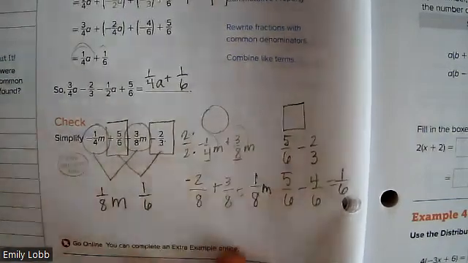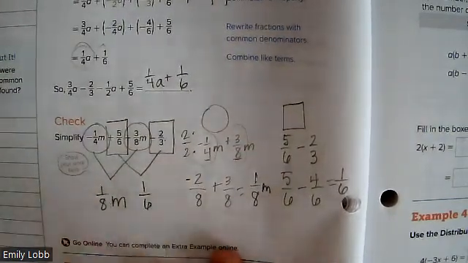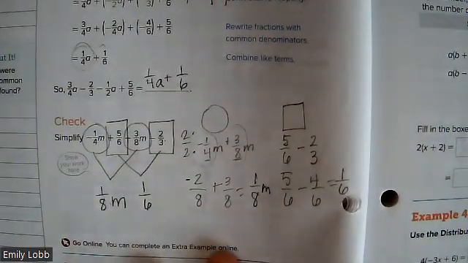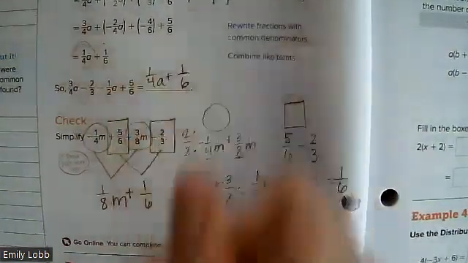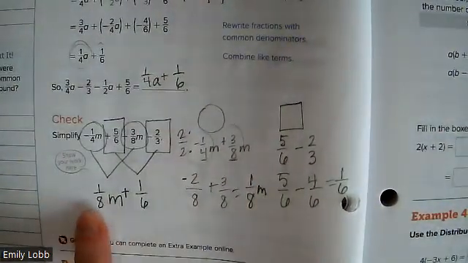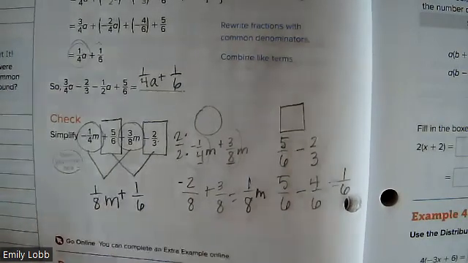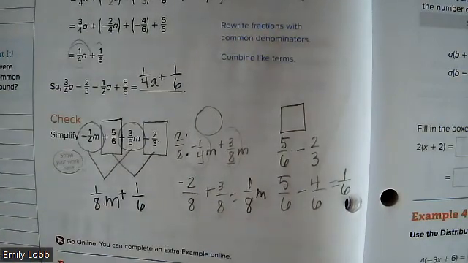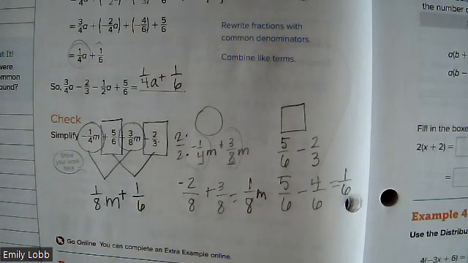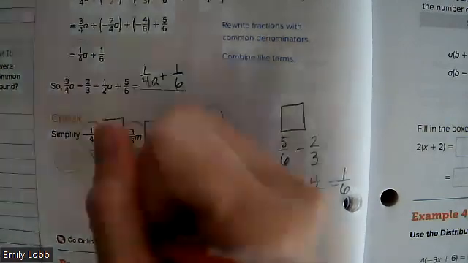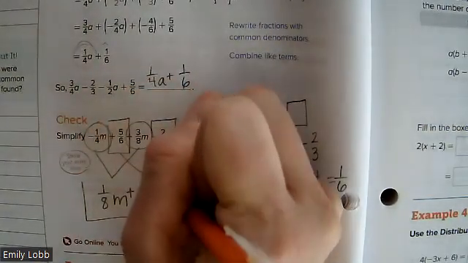We were okay. So what am I going to put between these two? A plus. Because if I just had a 1/6 here, it's going to look like 1/8 times M times 1/6. But that's not what we want to happen. Okay? So here would be our answer to that check.